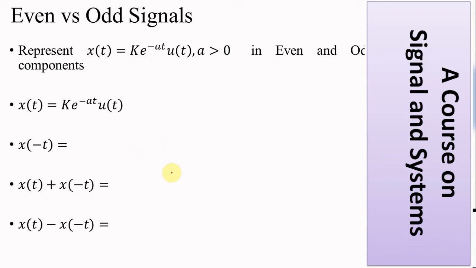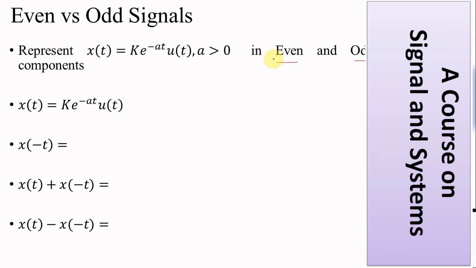So we can just take one example directly. Suppose we have a signal which is k e^(-at) u(t). You can understand it's neither even nor odd. But we can represent this signal in terms of its even and odd components.